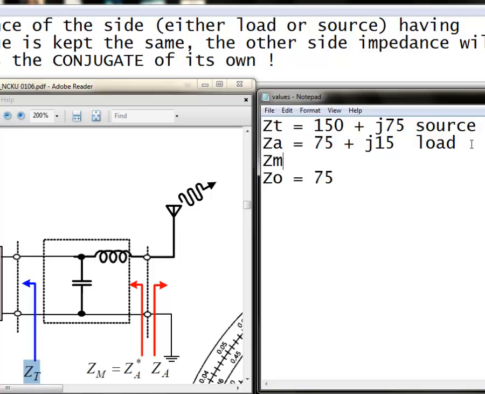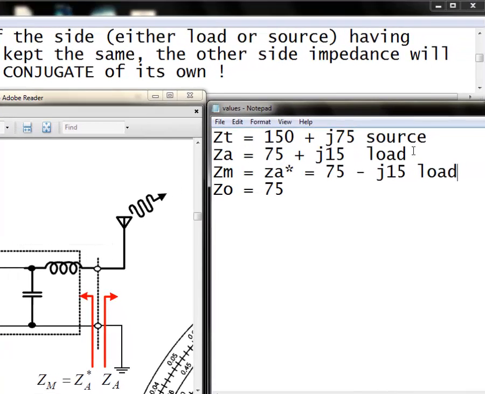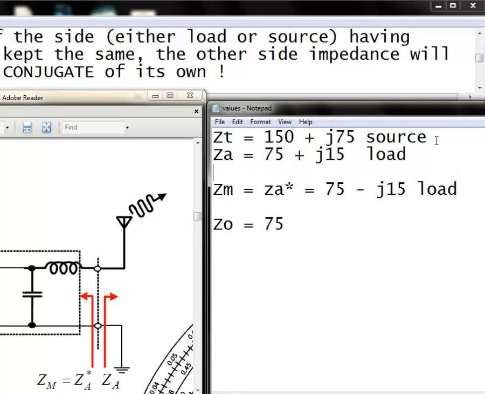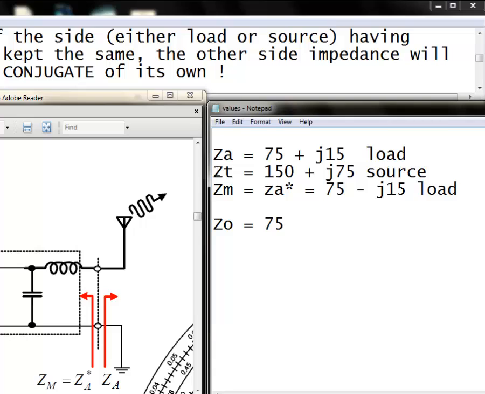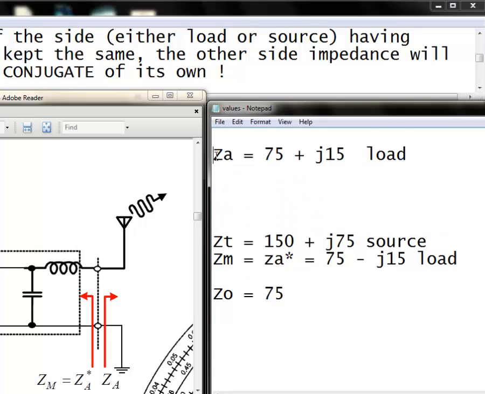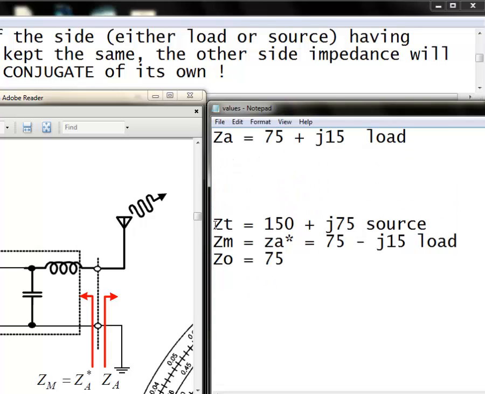I am representing ZA conjugate, which will have a value of 75 minus j15 for the load. So we will be using these two impedances.